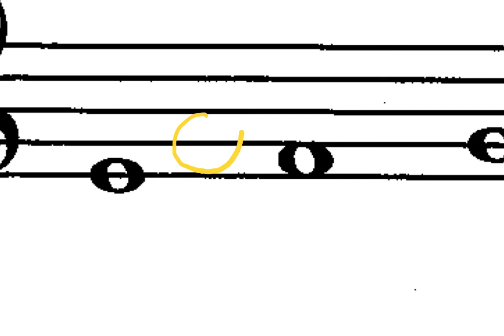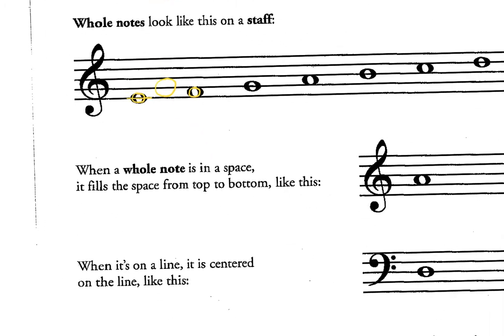None of these whole notes touch more than what they're on. So I don't see any whole notes that touch like three lines or anything like that. They draw it small enough so that I can tell, yep, that's on a line, there's a line going through it. Or, yep, that's definitely in the space because I don't see any line going through it, right? So make sure when you are drawing these that you are as careful as you can.